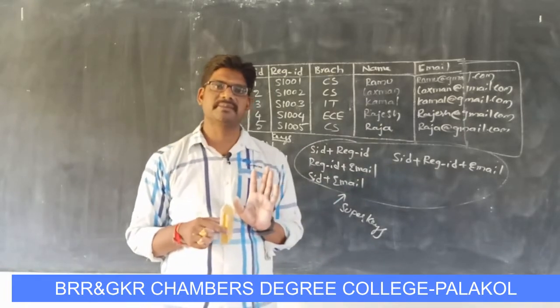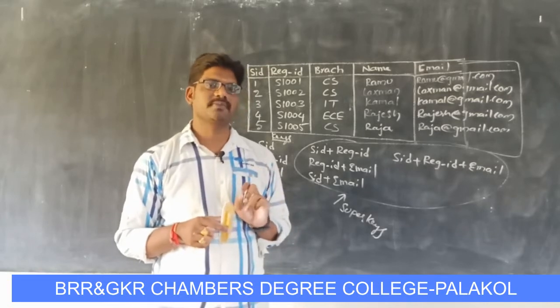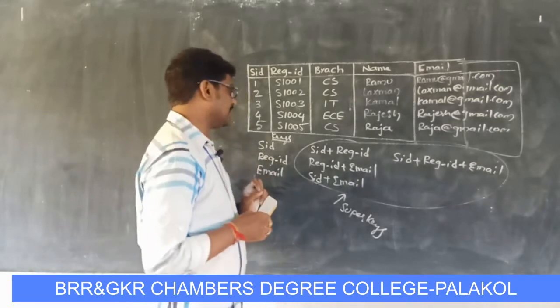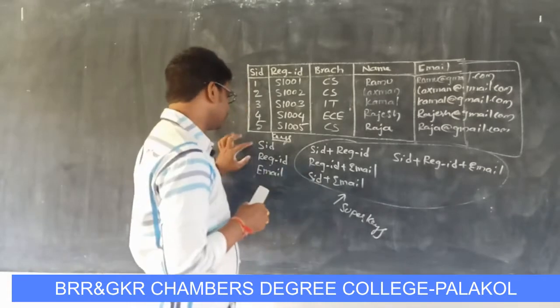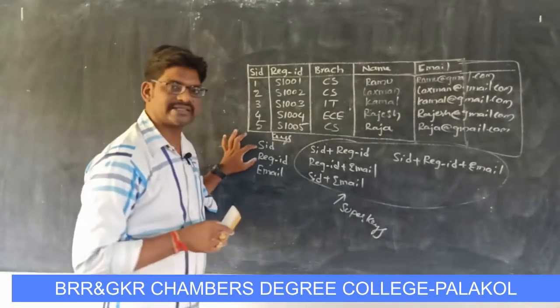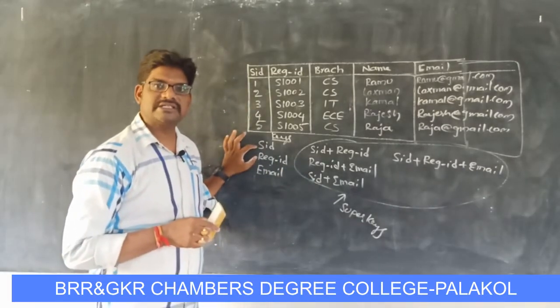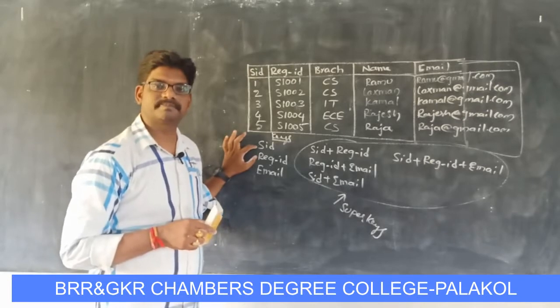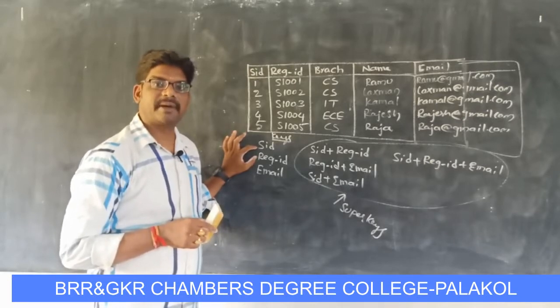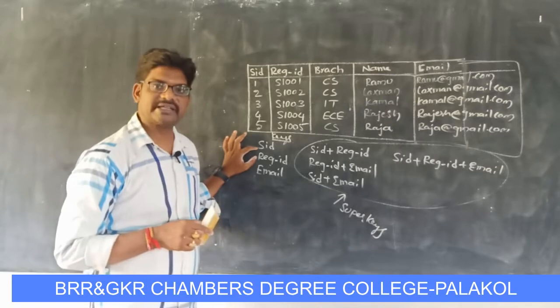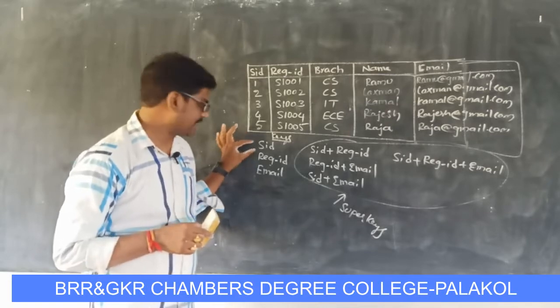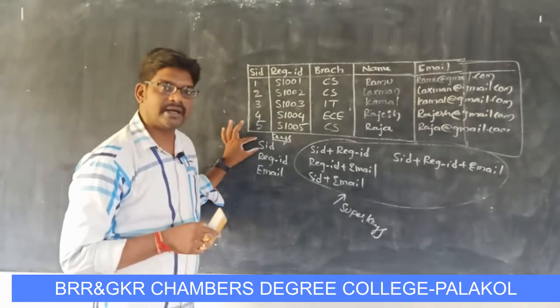The next one is the primary key. So for example, if you take SID as a candidate key, this is called the primary key. Sorry, I said super key, this is called the primary key.